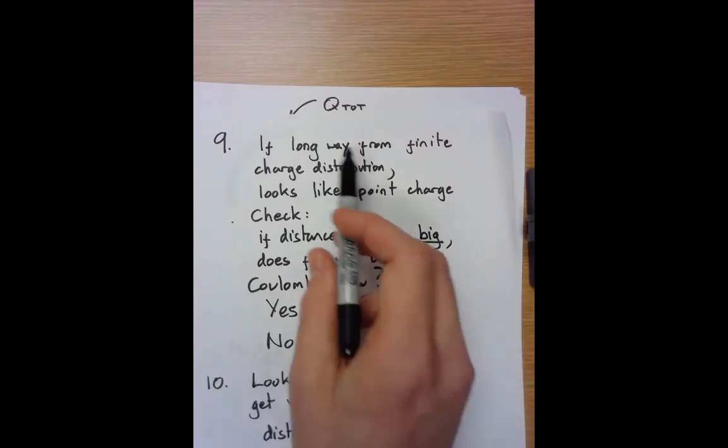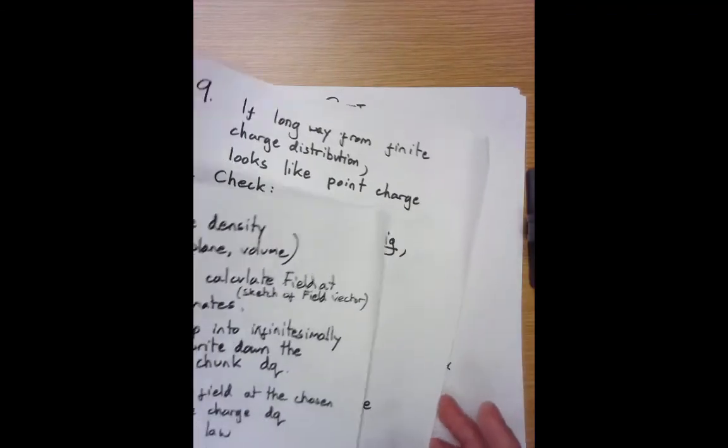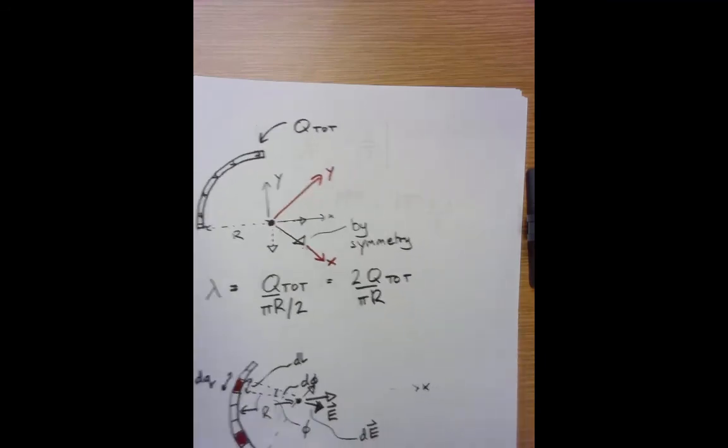So always check to make sure that it makes sense to ask what happens when you go a long way or closer to the charge distribution. Nine times out of 10 you can and should do this, but make sure that it makes sense to do so.